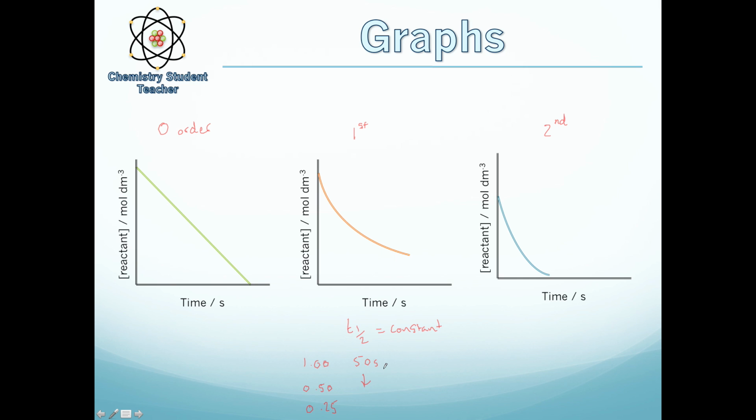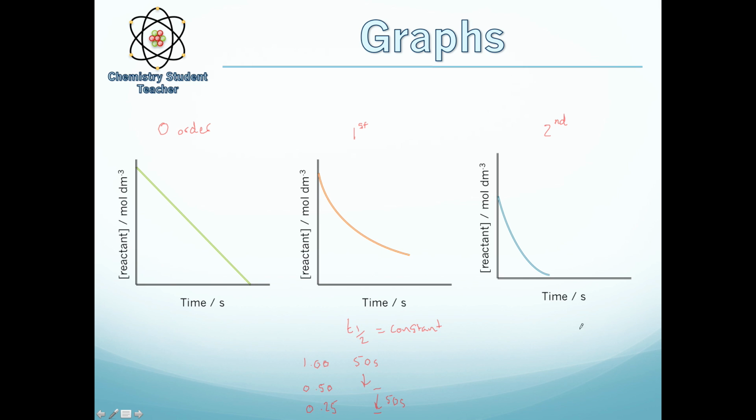So every 50 seconds, concentration will halve. To get from here to here, it will take another 50 seconds, and so on. So you go to 0.125 moles, it will take another 50 seconds. And it comes out with a curve like that, because the concentration is dropping by half each time for the same time.